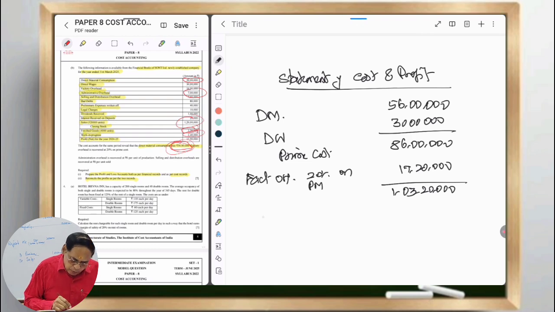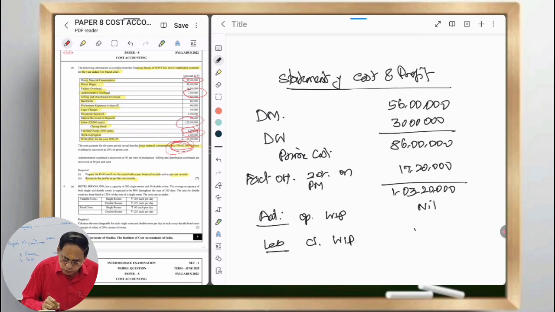And then add opening work in progress, nil, less closing work in progress, we have to deduct 2,40,000.